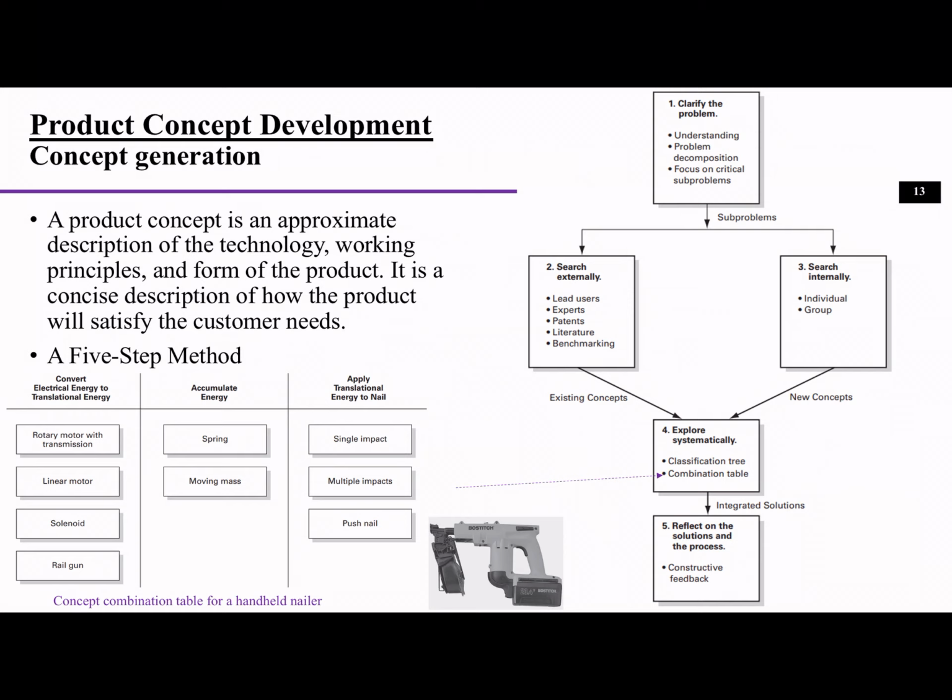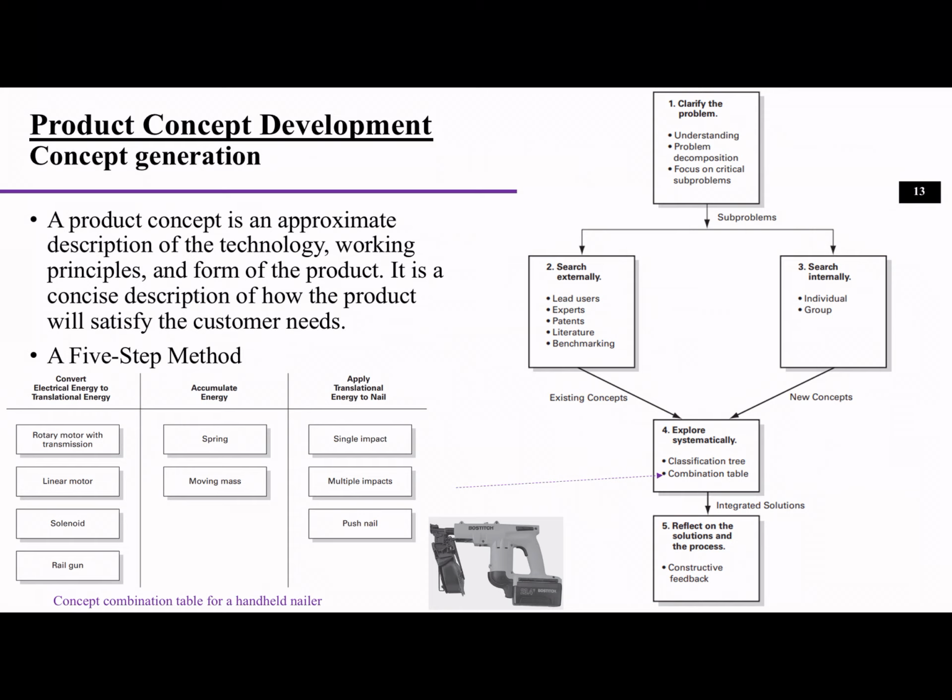And then you search externally or internally for what the concepts and ideas are, right? It can be lead users, experts, patents, literature, or benchmarking. Internal research can be individuals, team members, or the group.